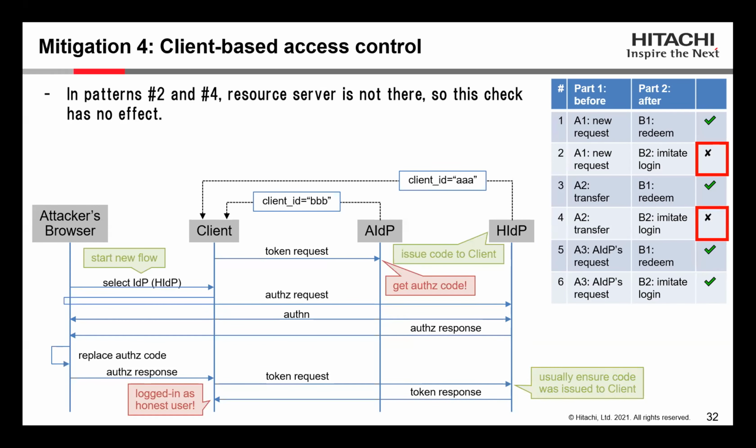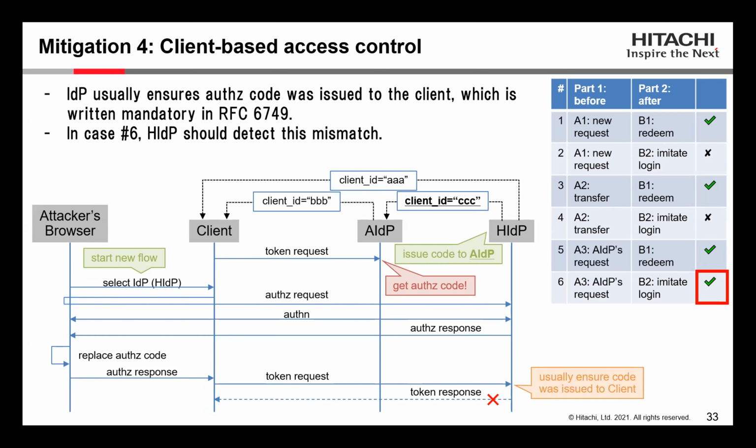In patterns 2 and 4, the attack is working where the resource server is not existing, so this mitigation has no effect. In pattern 6, the same as other mitigations, this is not so related to this mitigation. HIDP can detect mismatch of the authorization code's client and the requesting client.